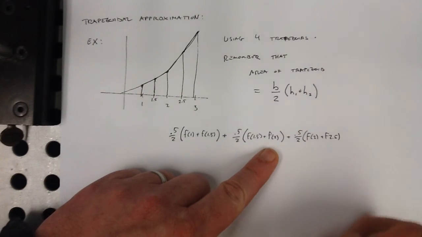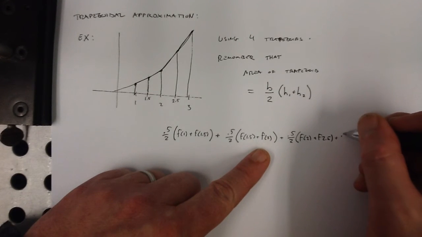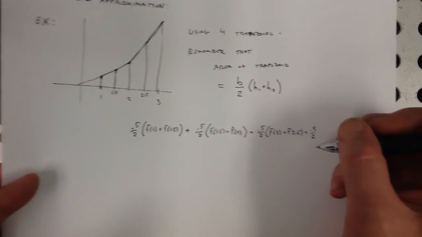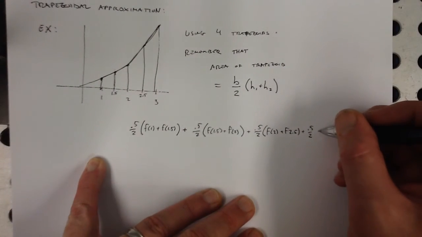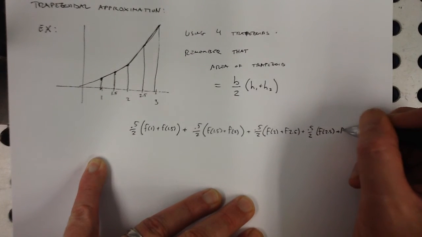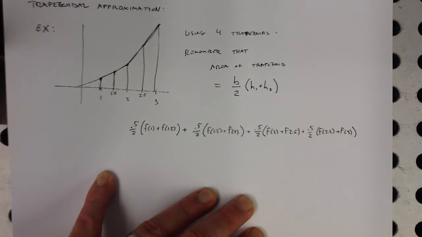And then the last trapezoid, if I can squeeze it in here on the screen, would be f of 2.5, so f of 3. Right.